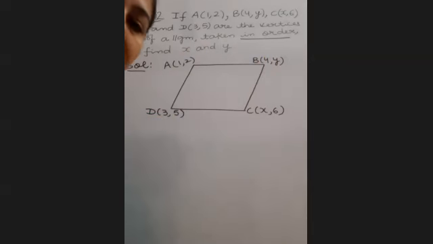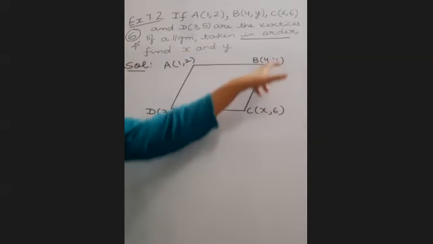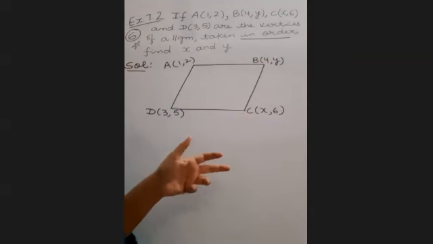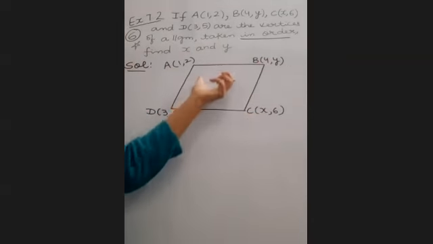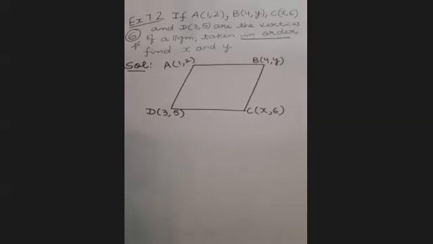Children, as we are given a parallelogram, obviously we are going to make use of the properties of a parallelogram. Can you tell me some properties? How can we find these two unknowns? Opposite sides are equal, and diagonals bisect each other. Very good.